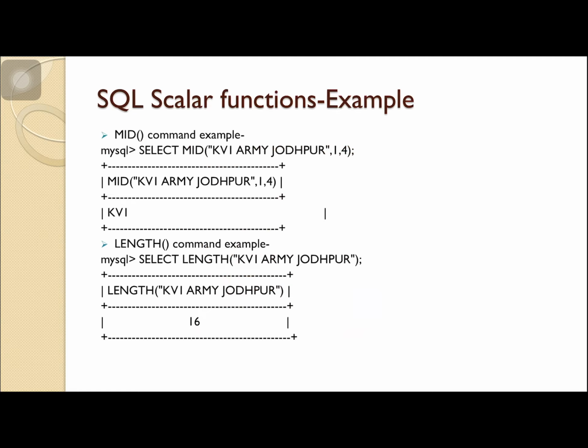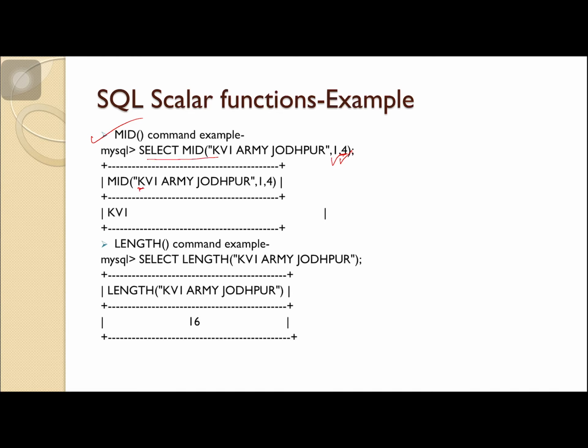Now the next scalar function is the mid function. The mid function is used to provide a particular substring. It is just like the substr function; the working of both is the same. The mid function gives the substring from the first character to the fourth character. What is the first character?